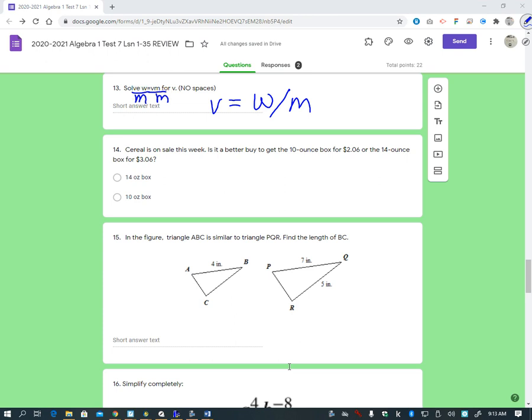What do you need to do? You need to get her by herself. You need to isolate. You need to get everybody else over to the other side so that you can talk to her. That's how it works. It's relationship advice using math. So you want to get V alone, you need to get rid of her friend M. You need to divide her out of the situation. All right.